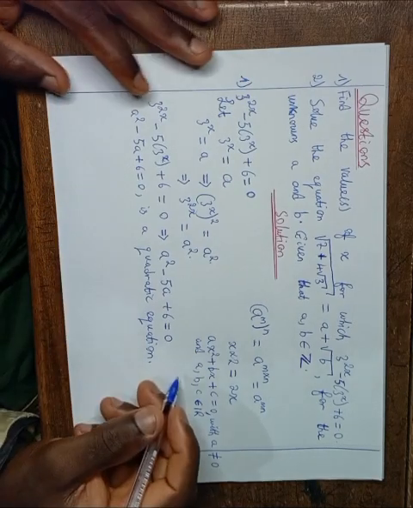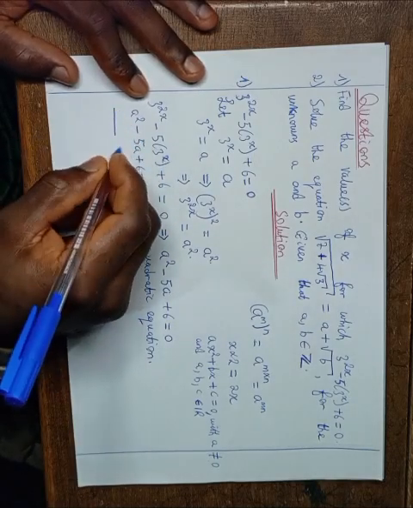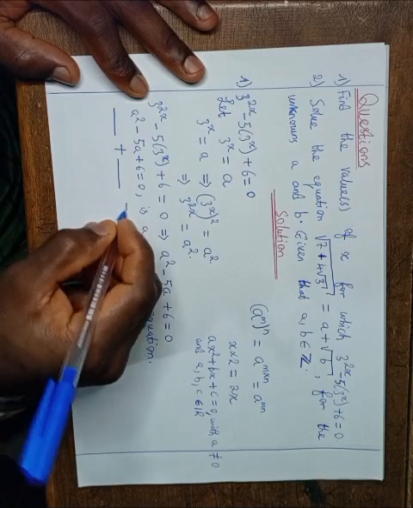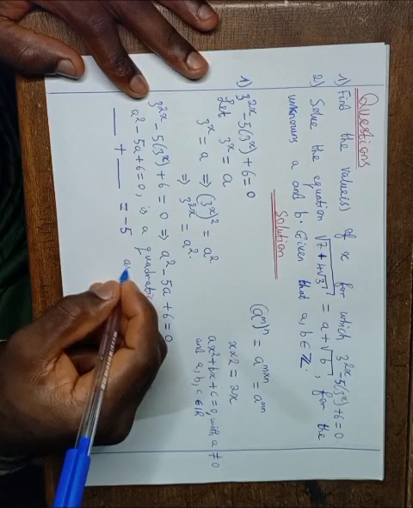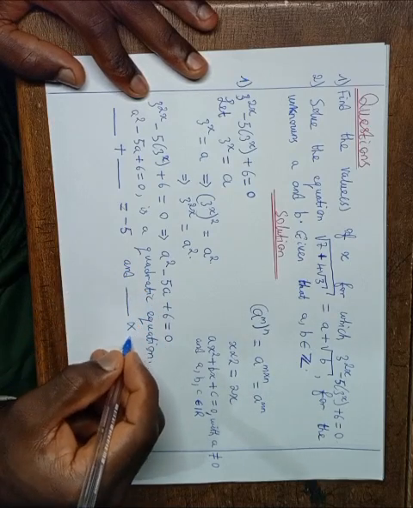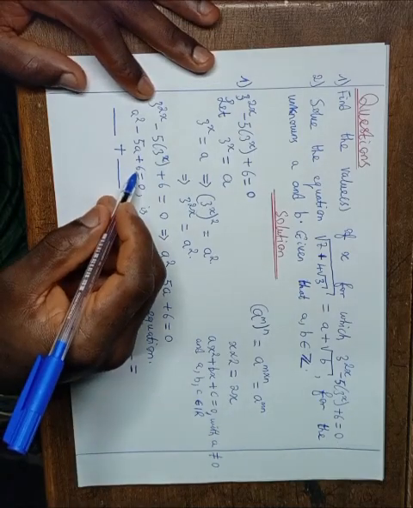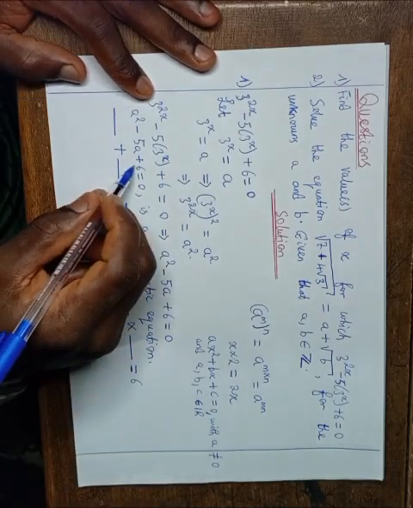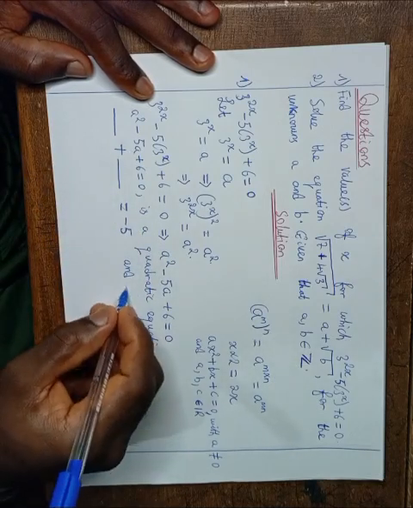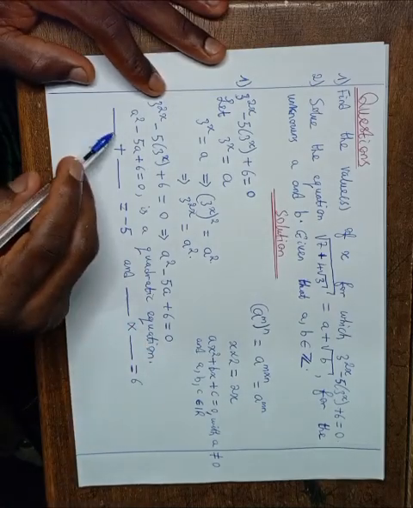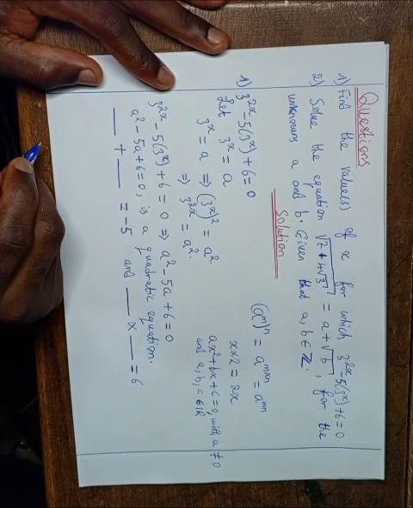For us to solve this quadratic equation by making use of that method, we need to start by finding two numbers such that their sum is equal to the coefficient of a, which is -5, and their product is equal to the constant term, which is 6. This is the constant here. It is independent of the variable a. In this case, the two numbers must be factors of 6.